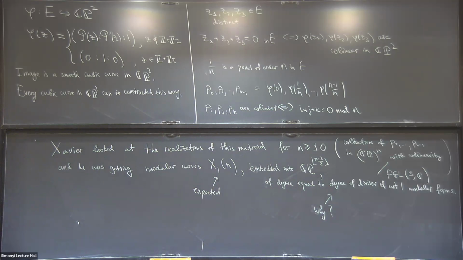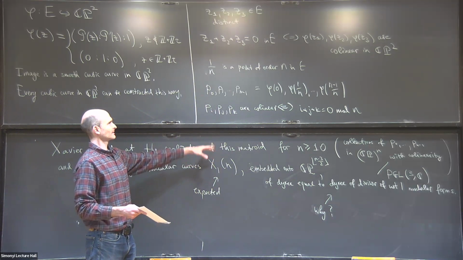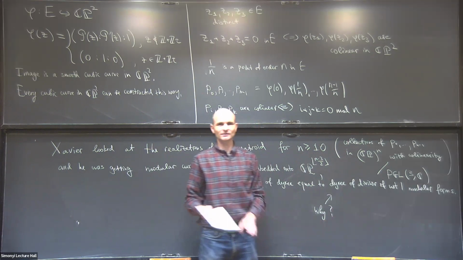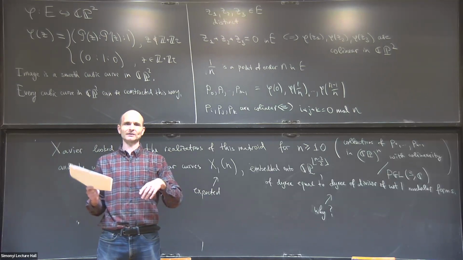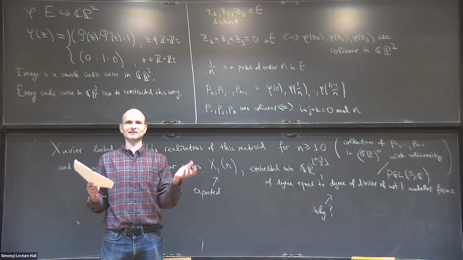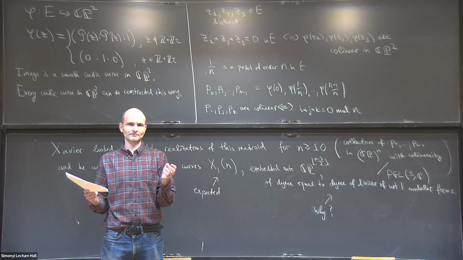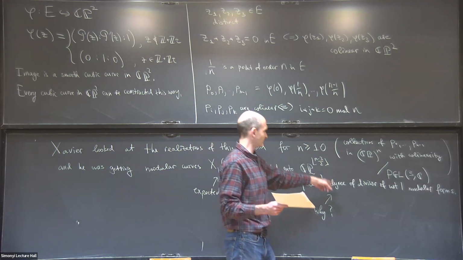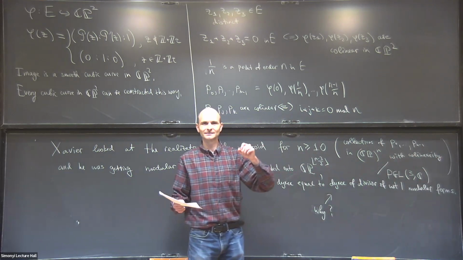Yes? Can you explain the sentence, equal to the degree of the divisor? Yeah, so he had a certain way of realizing this. The space of realizations is actually not a compact curve, but he was constructing it in some way, and there was a natural compactification of it in some projective space. The degree equals the degree of the divisor of weight 1 modular forms.